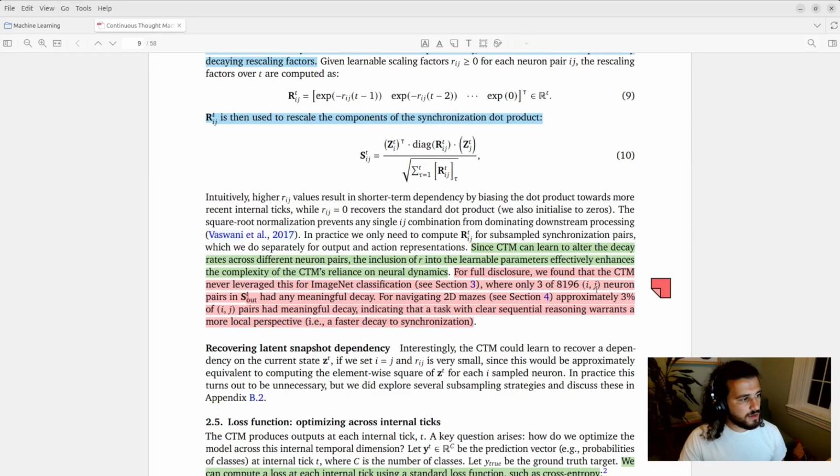For 2D mazes, 3% had meaningful decay. Anything with clear sequential reasoning warrants a more local perspective, so faster decay of synchronization. So for the first two, the vision task and the maze, it's a broader synchronization type of thing. And for the other ones, it was more important, like the sixth one, which had more of a sequential element to it.